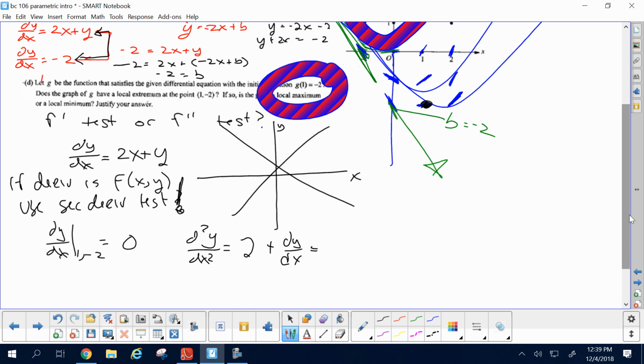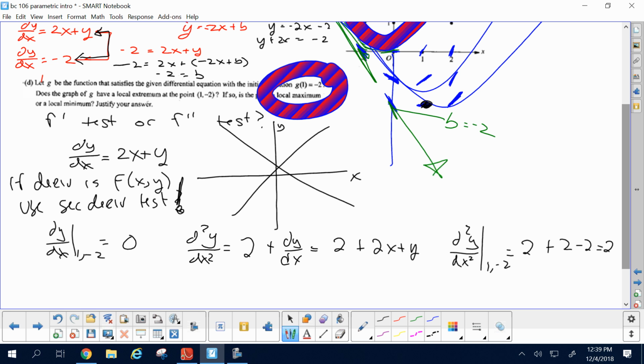Correct me if you disagree, which is 2 plus... what is dy/dx? 2x plus y. Therefore, the second derivative at the test point, (1, -2), is 2 plus 2 minus 2, which is 2.